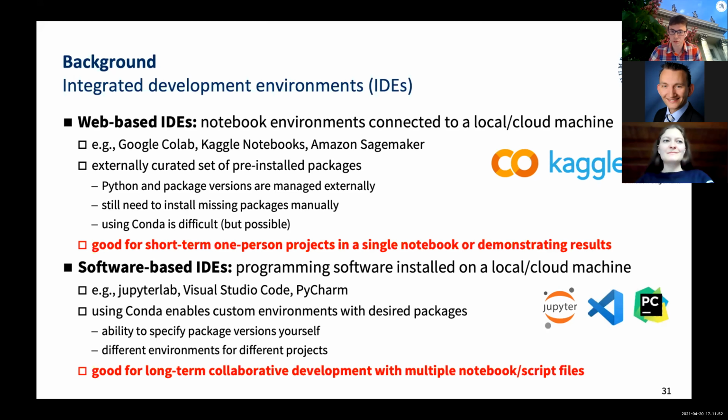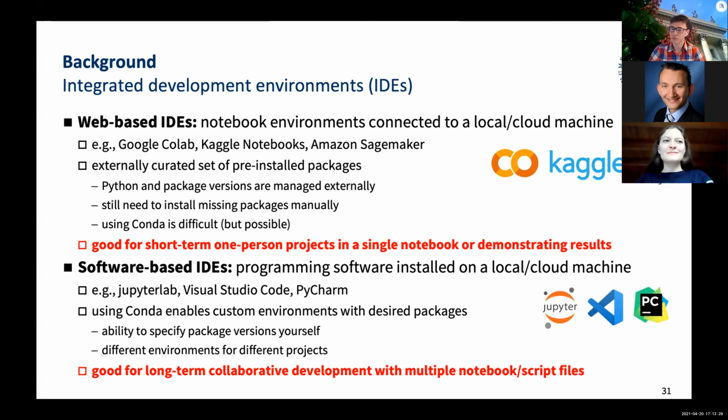Of course, it is your choice which stream to take here. And I know that many people use Google Colab and are quite fond of that, but I should emphasize that when working with browser-based IDEs like Google Colab, it is usually more suitable for short-term or one-person projects that are only based on a single notebook, or for demonstrating results like you can do with the final APA paper, where you just create a final notebook that has all of the main results.